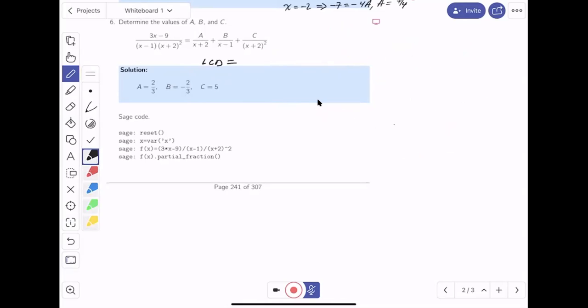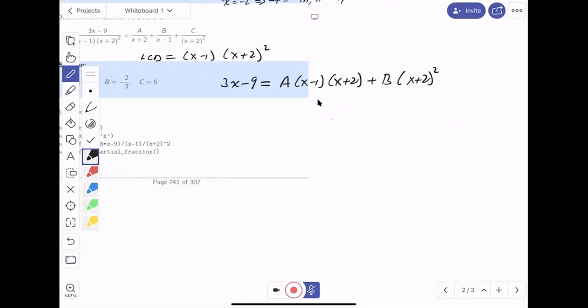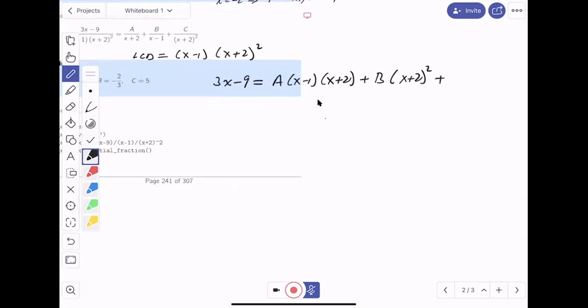LCD is x minus 1, x plus 2 squared. I'm going to multiply both sides by the LCD. I get 3x minus 9 equals a, x minus 1, x plus 2, plus b, that would be x plus 2 squared, plus c, and I get x minus 1 then.